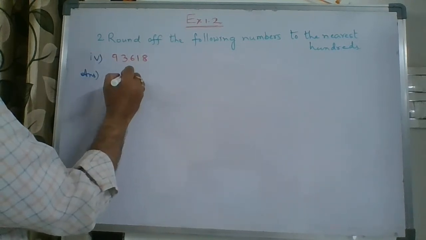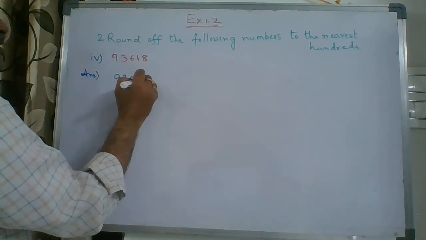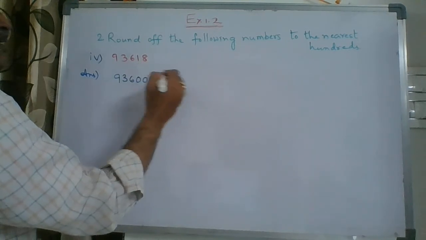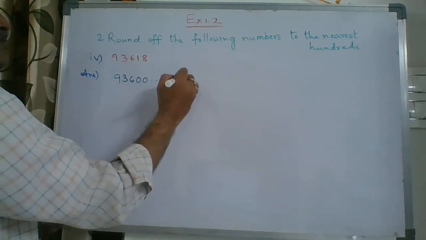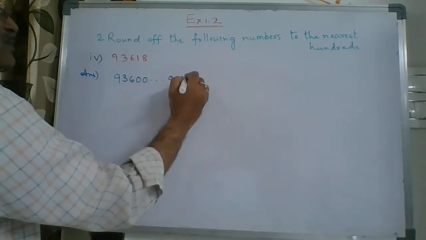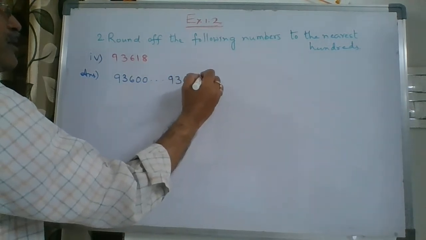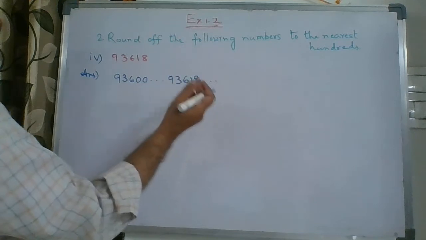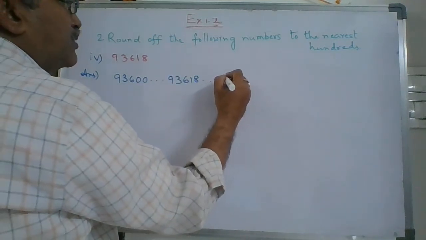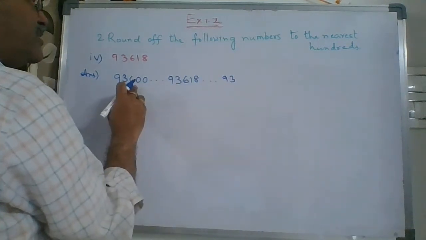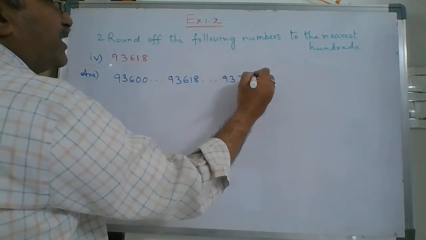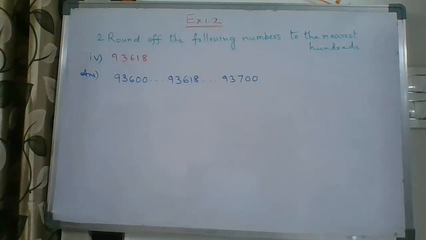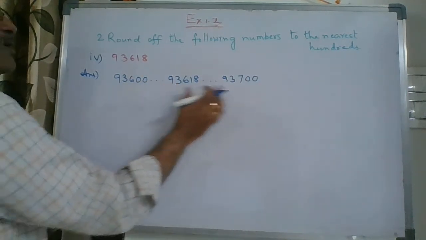Therefore I write 93,600. Next, after 600 it is 700, so 93,700.